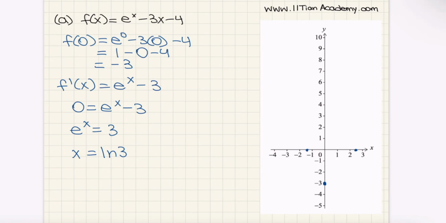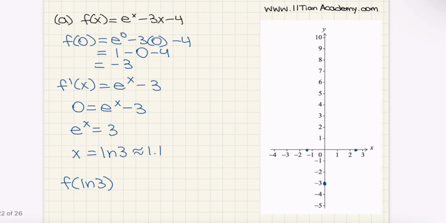And then we're going to need to plug the value we found for ln 3 back into the original to find the y value. So we need to figure out f of ln 3 in order to get that value where we want it. Okay, so ln 3 is approximately 1.09. So I'm just going to say that's about 1.1 for x.